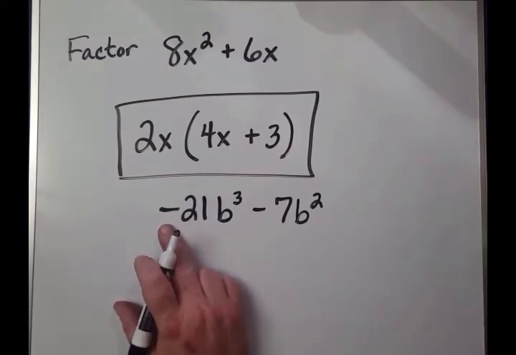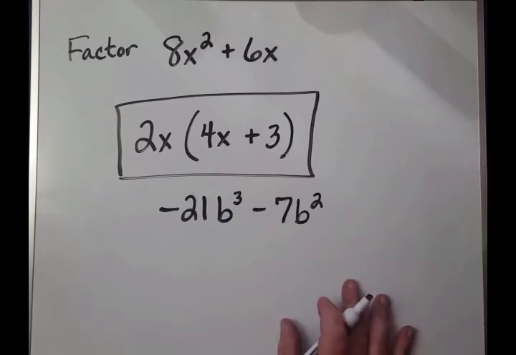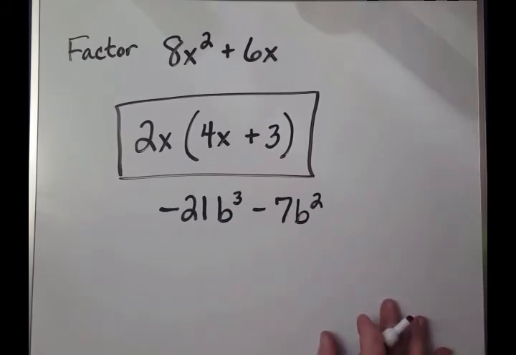What we will discover is that when your leading coefficient is negative, it is almost always to your benefit to factor out that negative as well as the greatest common factor. A greatest common factor can never be negative, because its positive would also be a common factor. If negative 2 is a common factor between 2 numbers, well then positive 2 is also a common factor. And positive 2 is bigger.